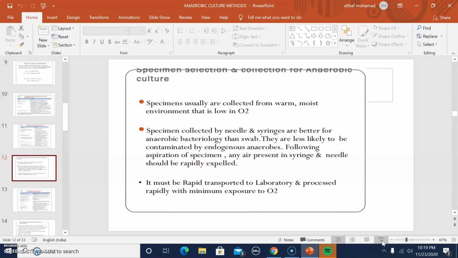Following aspiration of the specimen, any air present in the syringe and needle should be rapidly expelled. Otherwise, it may harm the anaerobic bacteria. It must be rapidly transported to the laboratory and processed rapidly with minimum exposure to oxygen.